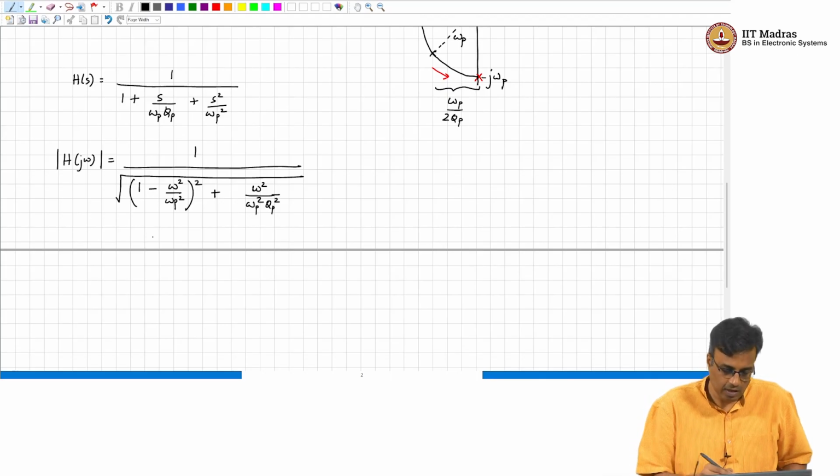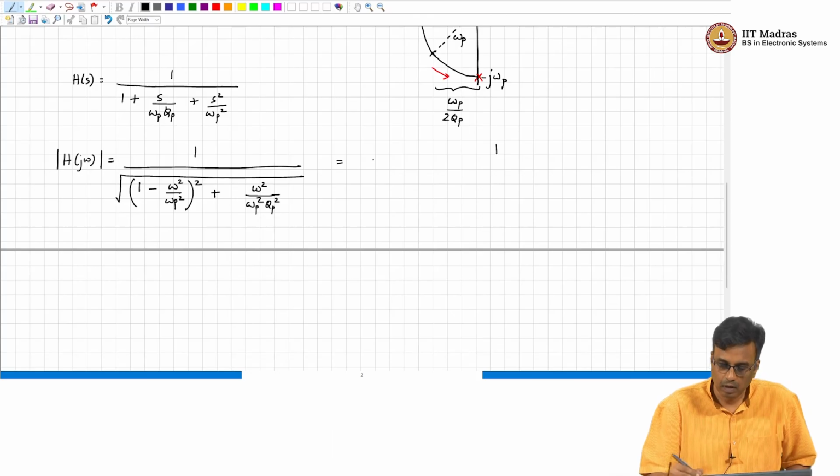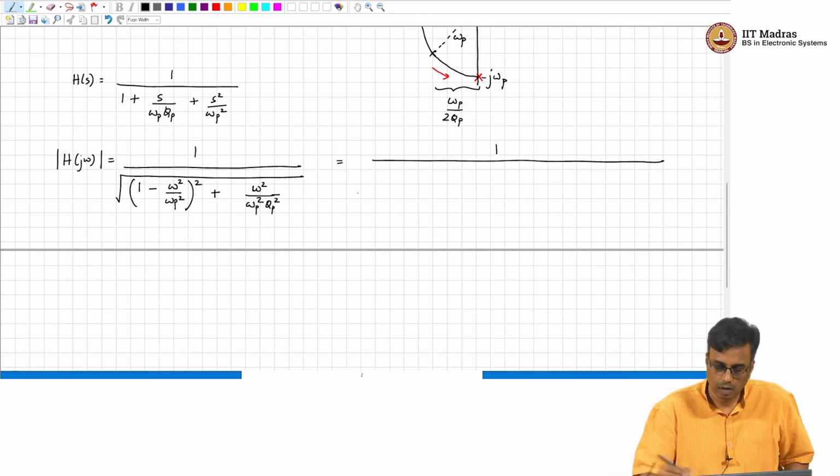You can expand this in the following way.